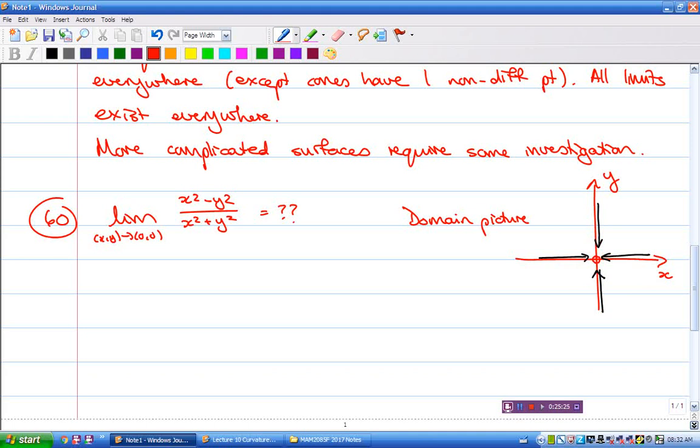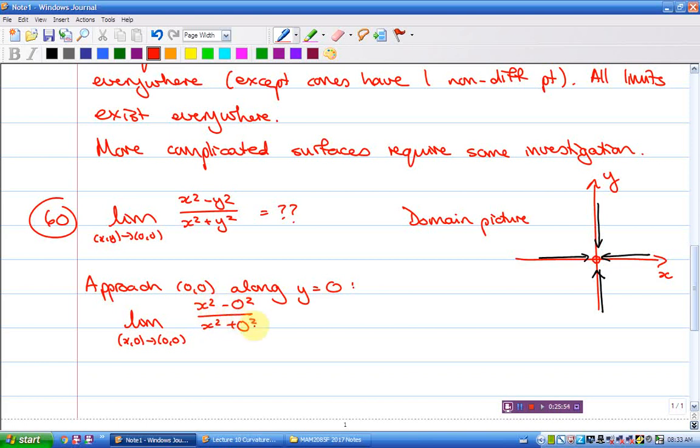All right, so what we're going to do, I'm going to approach 0, 0 along the x-axis. Now the x-axis is the line where y equals 0. So I'm going to say the limit as x, 0 approaches 0, 0 of x squared minus 0 squared over x squared plus 0 squared.